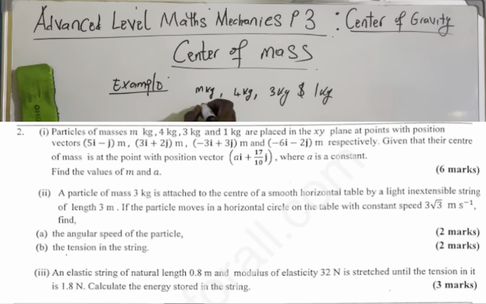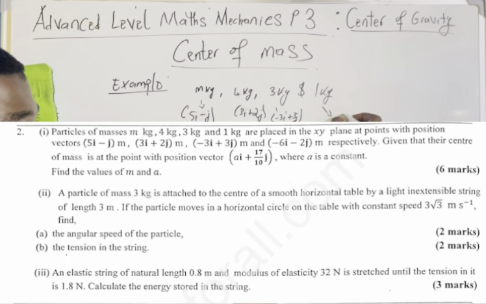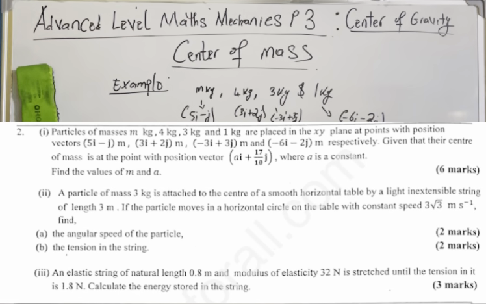We are having the position of each particle. The position of this one is 5i minus j. The position of this one is 3i plus 2j. The position of this one is negative 3i plus 3j. And the position of the last mass is negative 6i minus 2j. So we are having the different positions of the masses.